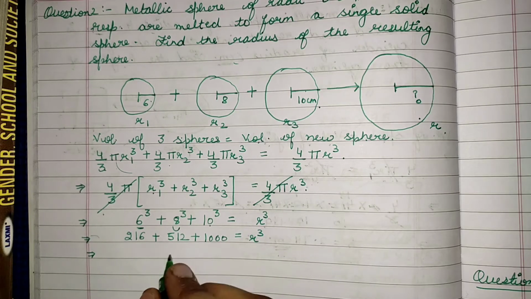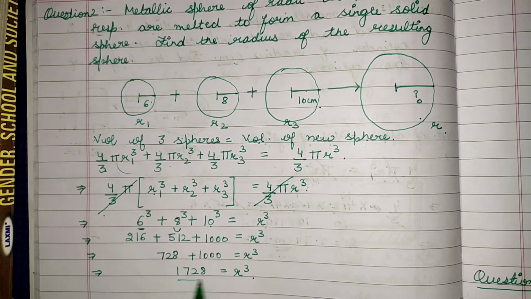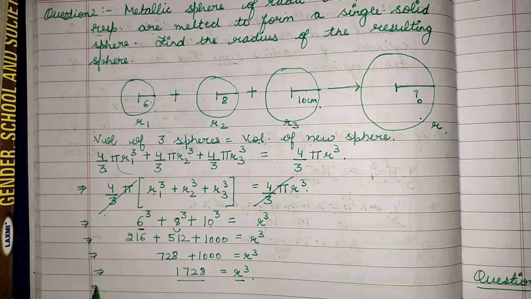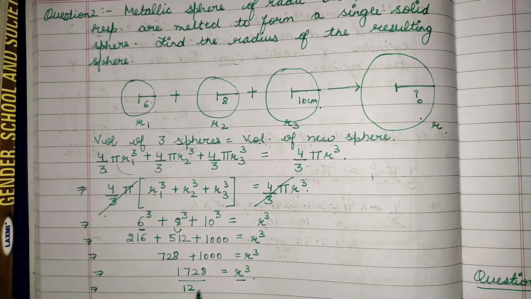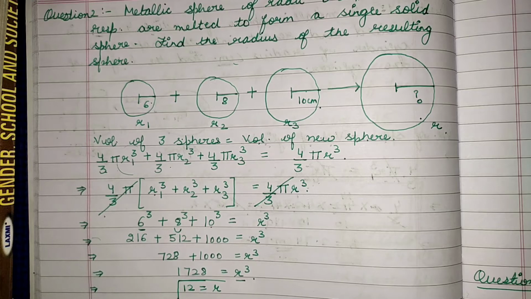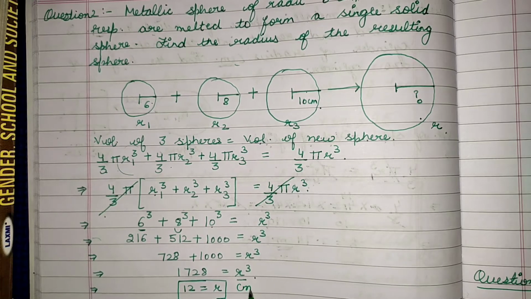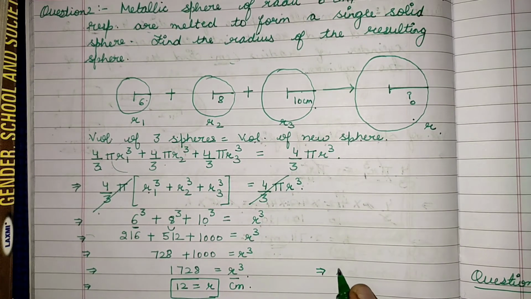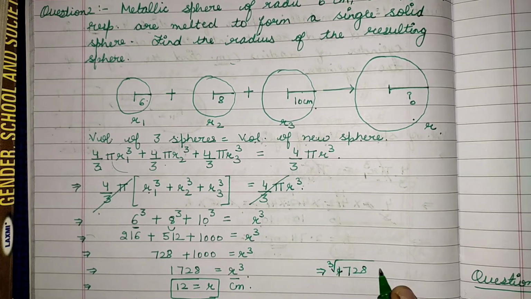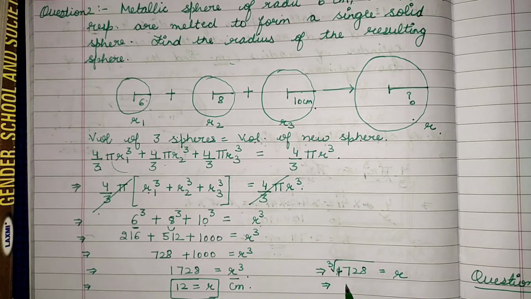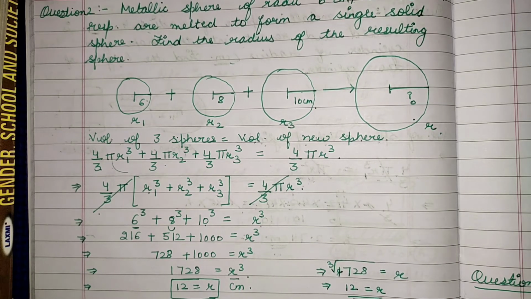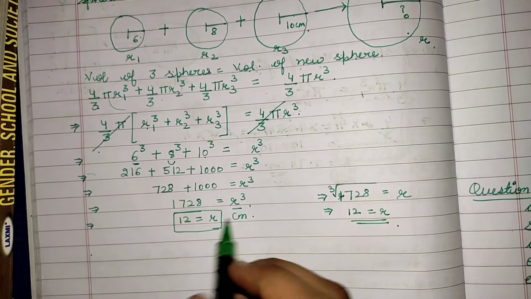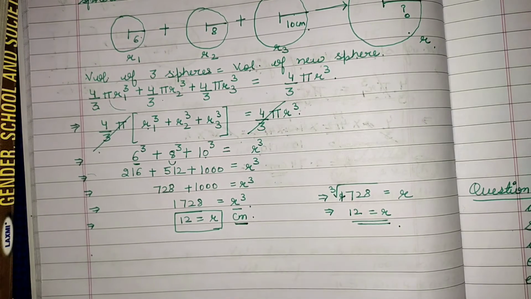So you will get 1728 is equal to r cube. So r will be equal to 12 centimeter, because 12 is the cube root of 1728. Always remember to write down the units in your exam.